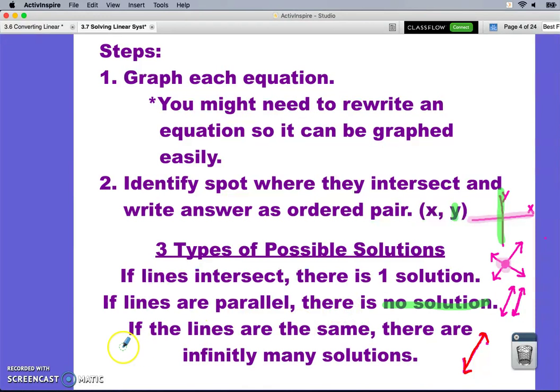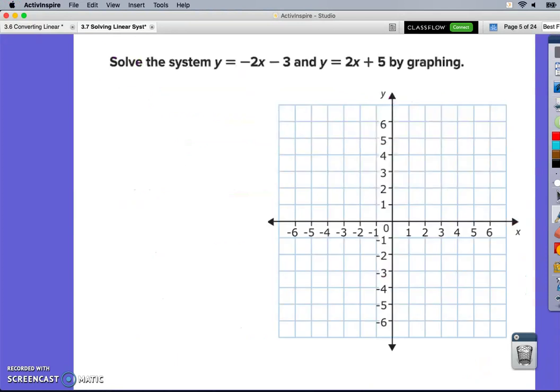And if the lines are the same line, there are infinitely many solutions. This will be when an equation is written maybe in standard form and then in y-intercept form, they look different, but once you get them into the same form, they're actually the same exact line. And that would be infinitely many solutions.